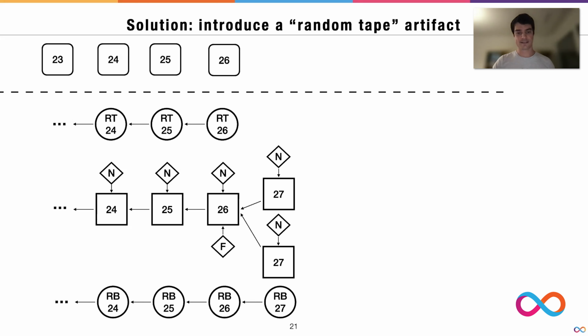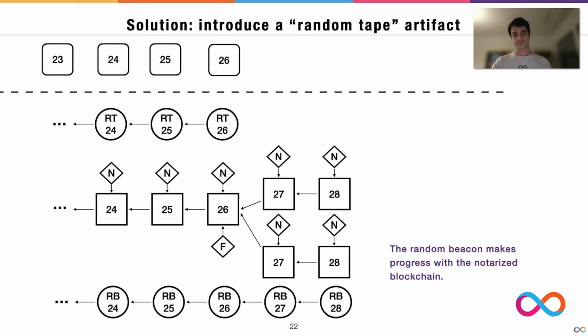The key difference is that as the notarized blockchains grow, the random beacon grows with those notarized blockchains. And we need to do that because the random beacon ranks the block maker. However, the random tape does not grow yet. The random tape, we only compute the next random tape when the height is finalized.